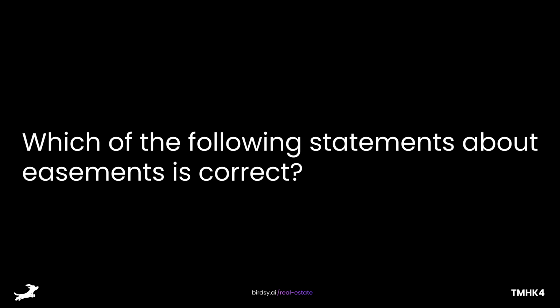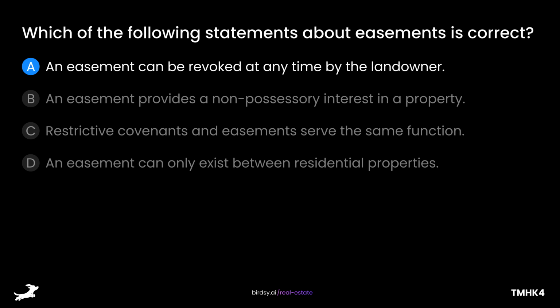Which of the following statements about easements is correct? Is it A, an easement can be revoked at any time by the landowner? B, an easement provides a non-possessory interest in a property? C, restrictive covenants and easements serve the same function? Or D, an easement can only exist between residential properties?